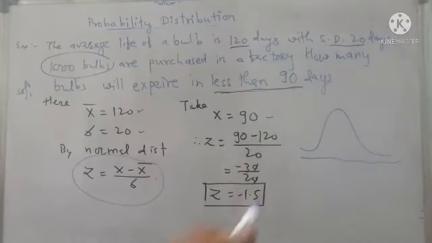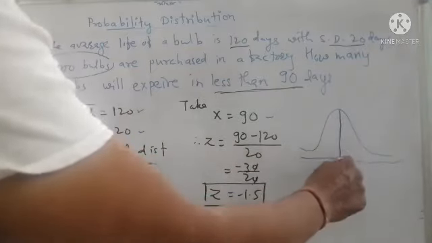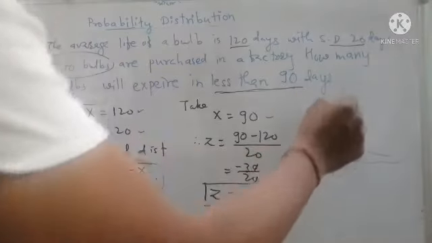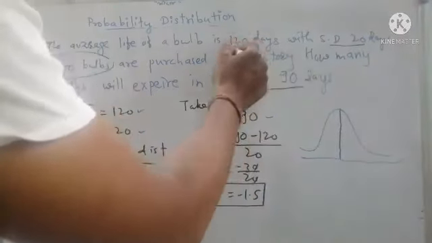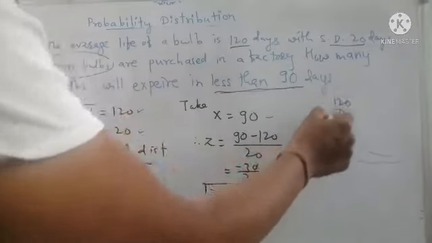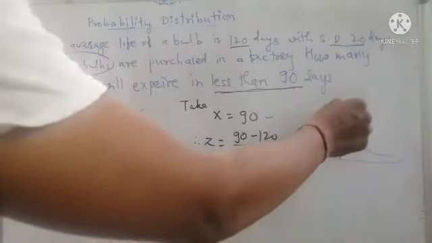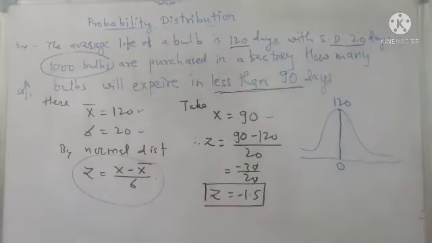As we know, the maximum height between the curve and the axis is the point on the curve represented by the mean of the distribution. As the mean of the distribution is 120, 120 is x, which is represented here, and the corresponding z is always 0.